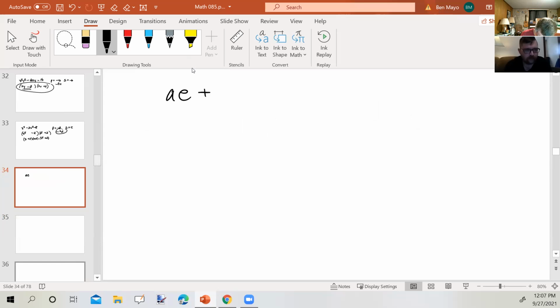AE plus BF plus AF plus BE. Well, standard form is kind of crazy on this one, right? It's just not going to happen. But you can see it's 4 terms. So let's try factoring by grouping. Oh, there's no greatest common factor either, right?